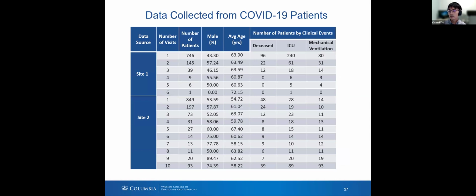We collected longitudinal multimodal data from COVID-19 patients in MIDRC from 2 sites to validate the effectiveness of the framework. This data include longitudinal CT and chest X-ray imaging data, and the outcomes including mortality, ICU admission, and mechanical ventilation usage.